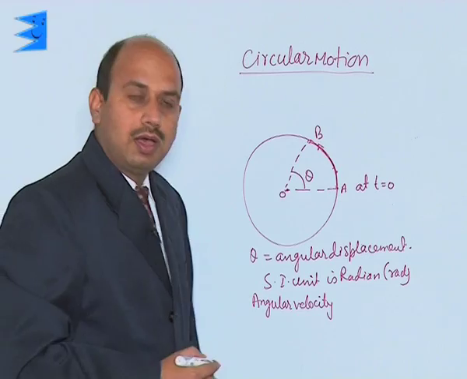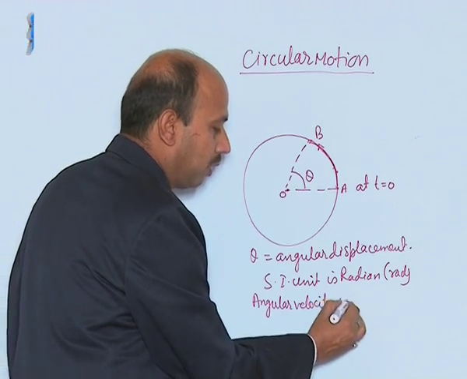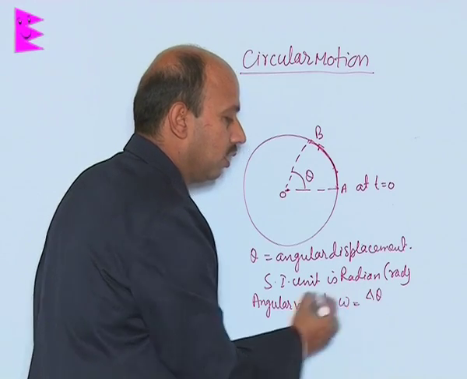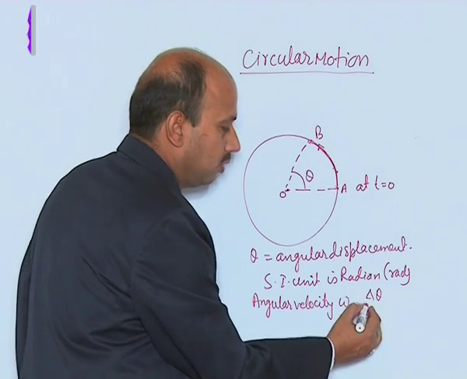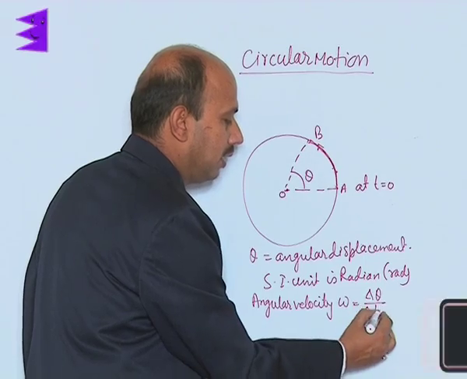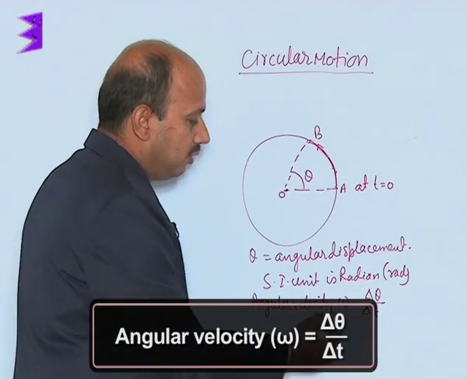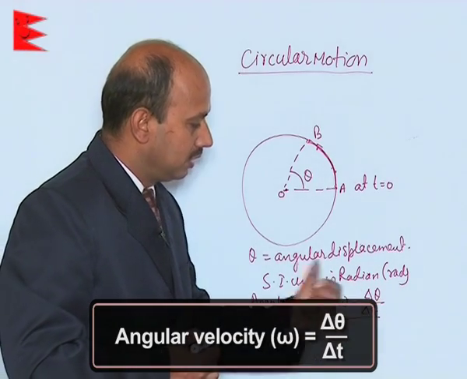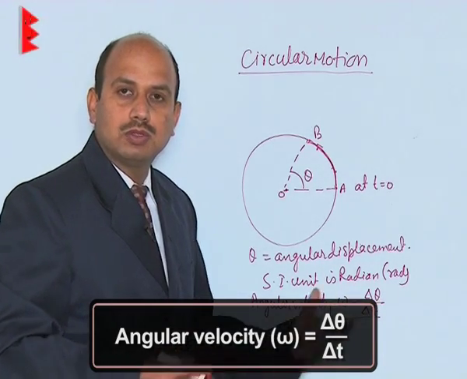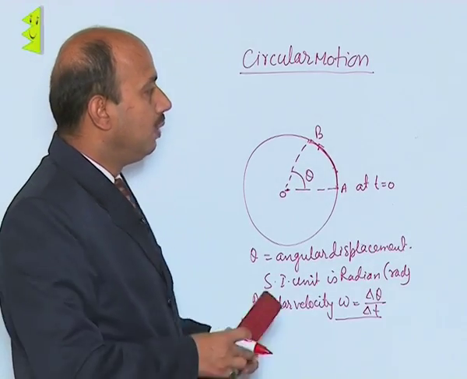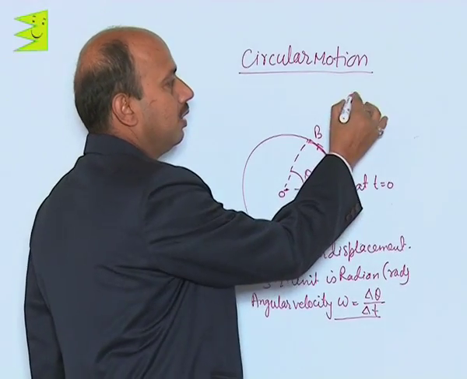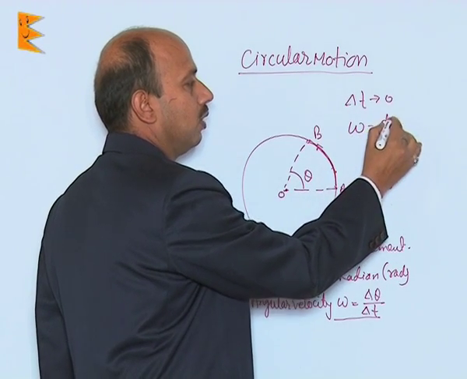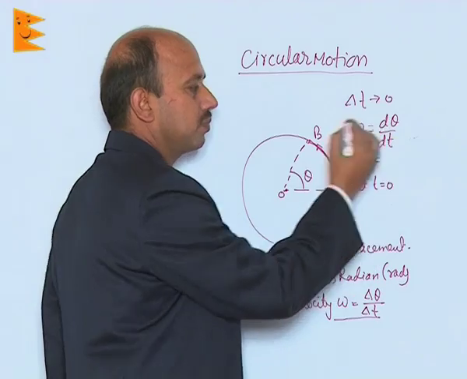Angular velocity is represented by omega. It is equal to the change in angle, that is angular displacement, divided by the time interval. This is known as average angular velocity, because it is the total change in angular displacement divided by the total change in time. If we take delta t tending to 0, then omega is equal to d theta upon dt.